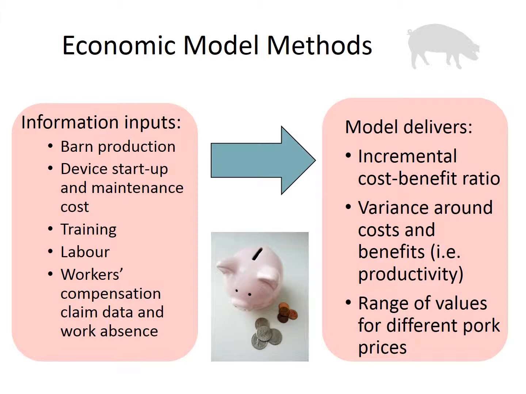So you only need to enter the things that change. Using the web calculator, we factored in these various inputs, and the result is given in the form of incremental cost benefit ratio, the variance around cost and benefits, and lastly the range of value for different pork prices.